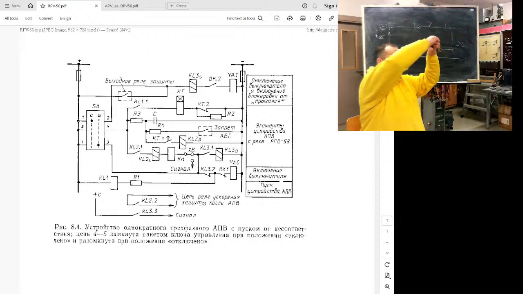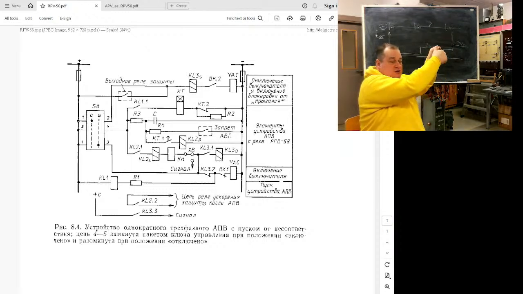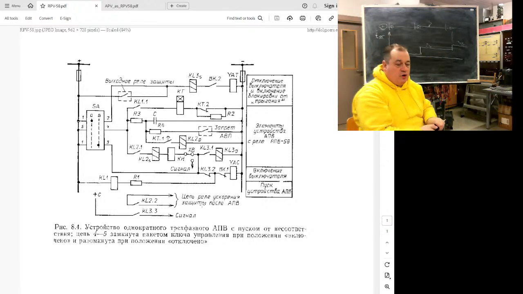Our idiot came and pushed connect. Do it, connect. What happens? Switch on, persistent fault, protection off, and what then? Auto closing will be forbidden. If the switch is in on position, this circuit will be disconnected.